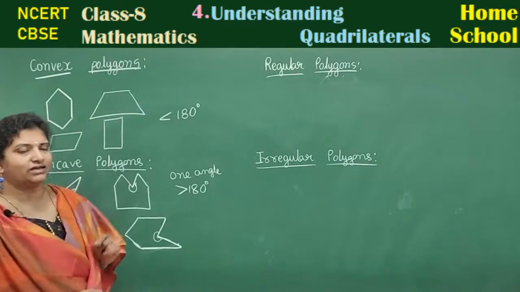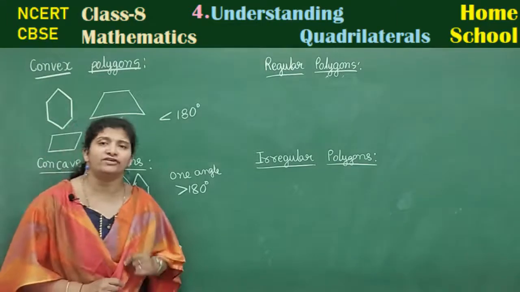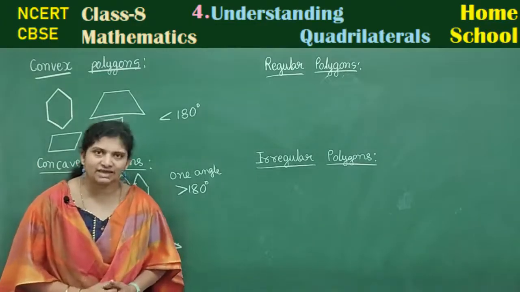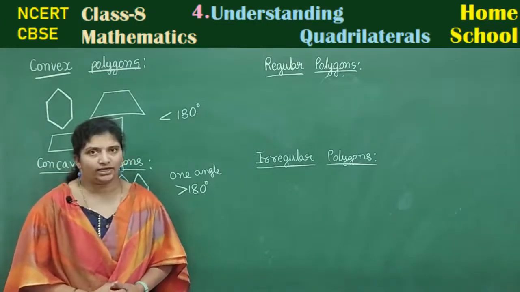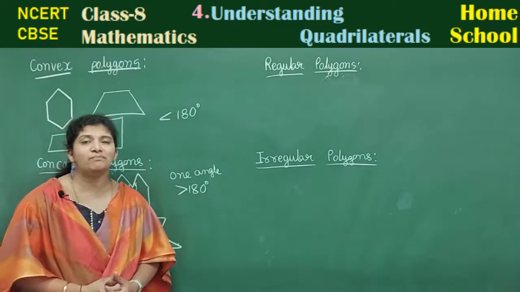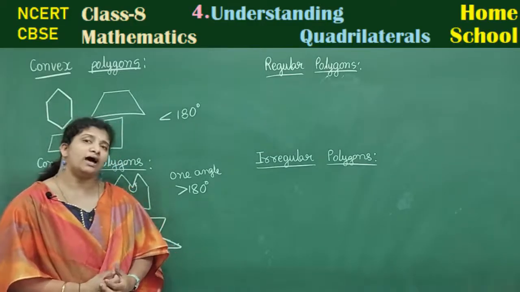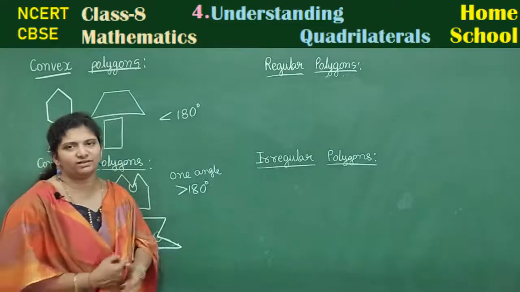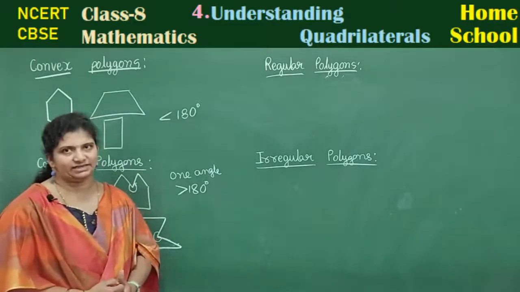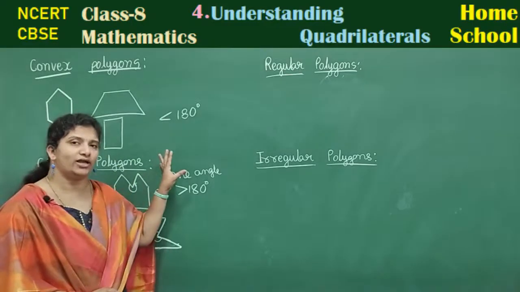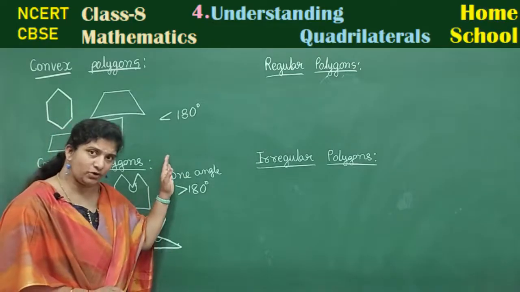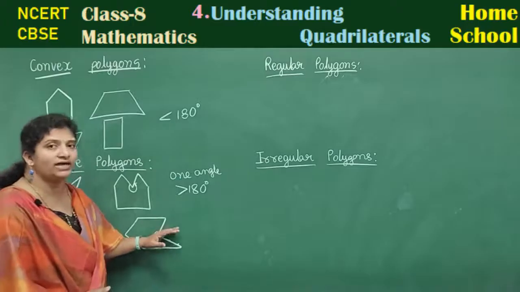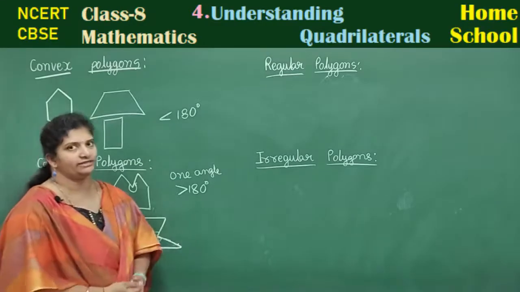If any one angle in the given polygon is more than 180 degrees, then we can say it is a concave polygon. And if in a polygon each angle separately is less than 180 degrees, then those types of polygons are called convex polygons. And if any one angle is more than 180, it is called a concave polygon.